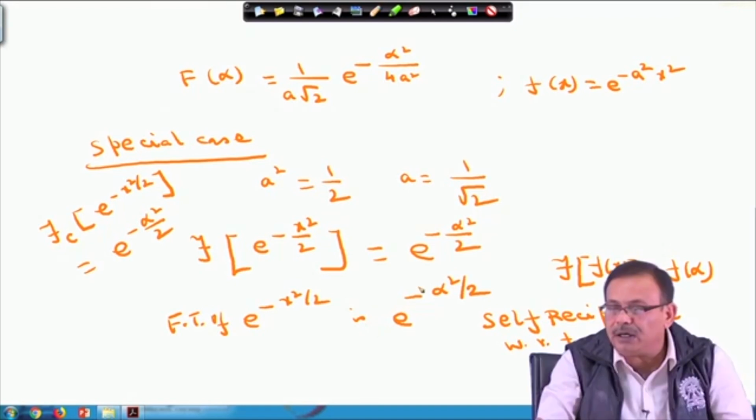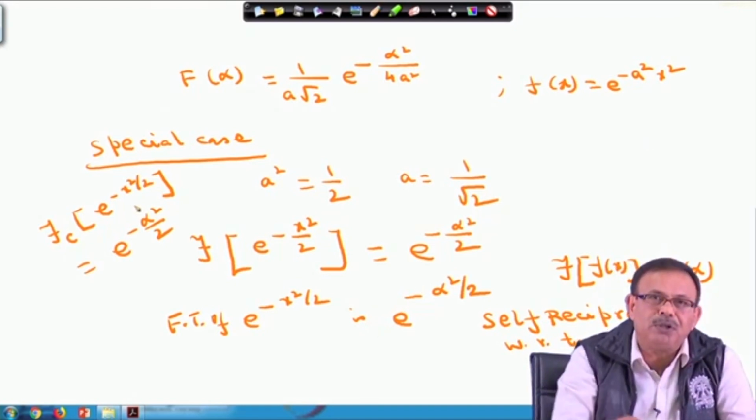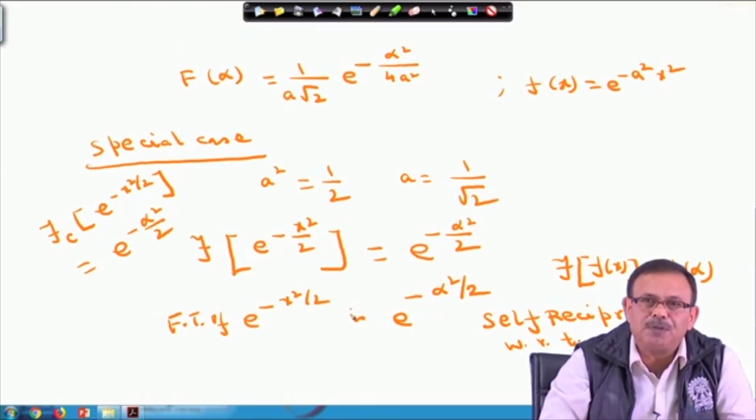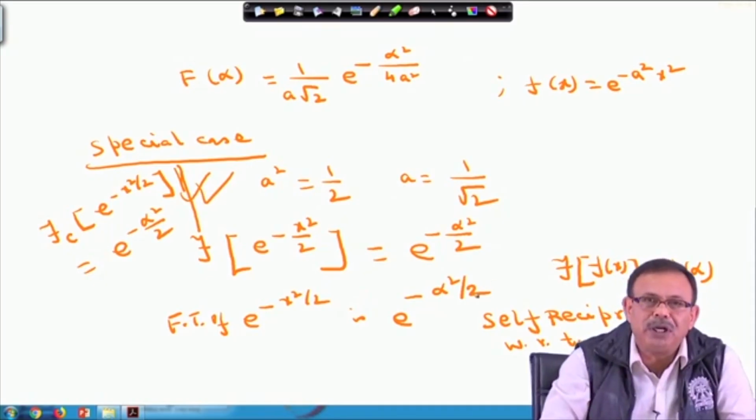Therefore, we can say that the function e^(-x²/2) is self reciprocal with respect to Fourier transform as well as with respect to Fourier cosine transform. You should check this problem on your own, which I am not doing here.